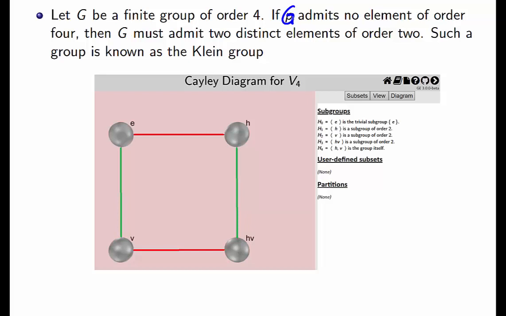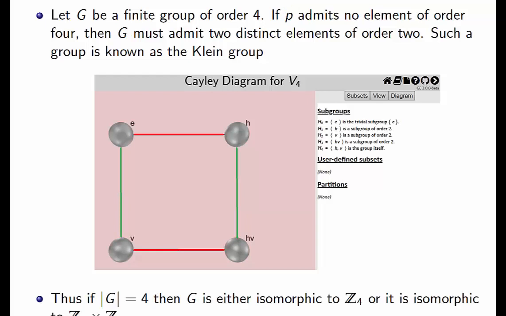That gives you a possibility of 2 and 4, but 4 is out of the question by assumption, so all possible orders must be 2. And in that case, we get a group which is called the Klein group. I want you to pause the video here and try to make sense out of the Cayley diagram of this group. So essentially here we have classified all groups of order 4. Such a group is either isomorphic to Z4 or it's isomorphic to Z2 cross Z2.